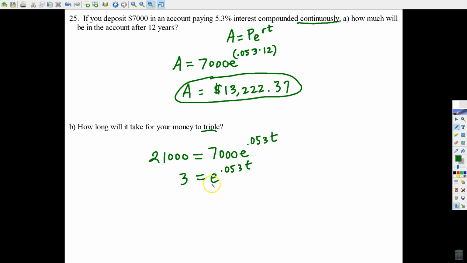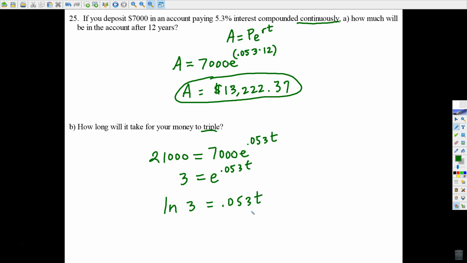And now this exponential equation with the base of e needs to be written as a log equation. Natural log, remember, anytime e is the base, you're going to use the natural log. Natural log 3 is equal to the exponent 0.053 t. So in your calculator, natural log 3 equals, and I would just leave that number there, and you're going to divide by 0.053.